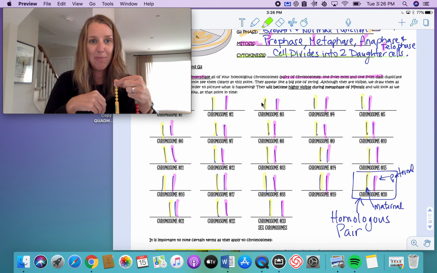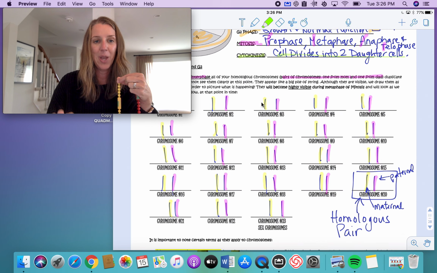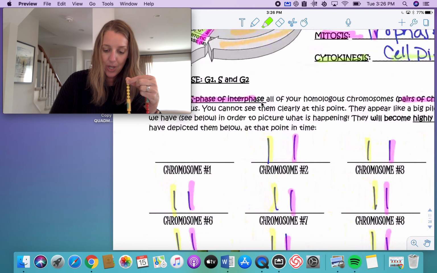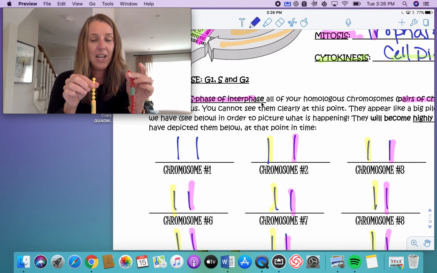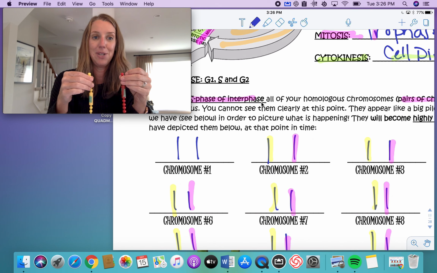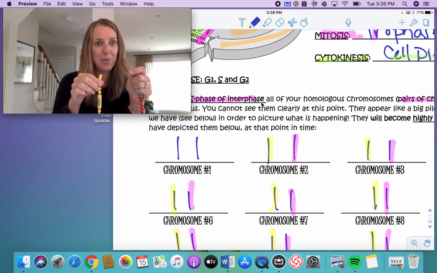So you can diagram, you can write this out on a separate sheet of paper if you'd like: 46 lines, you have 46 chromosomes. Remember, you have two chromosome number 1s. One came from the egg and one came from the sperm. The names we use for those are the maternal chromosome and the paternal chromosome. Both of these are chromosome number 1s.